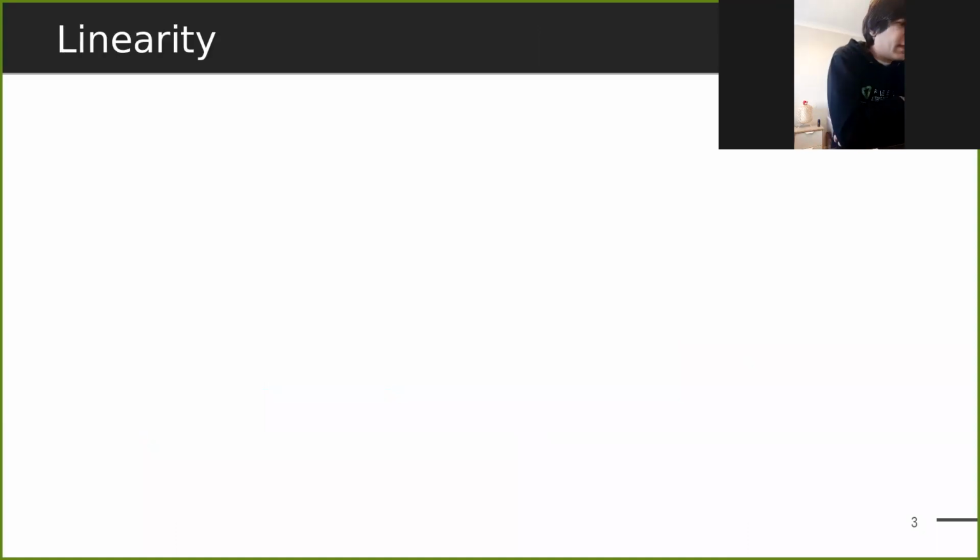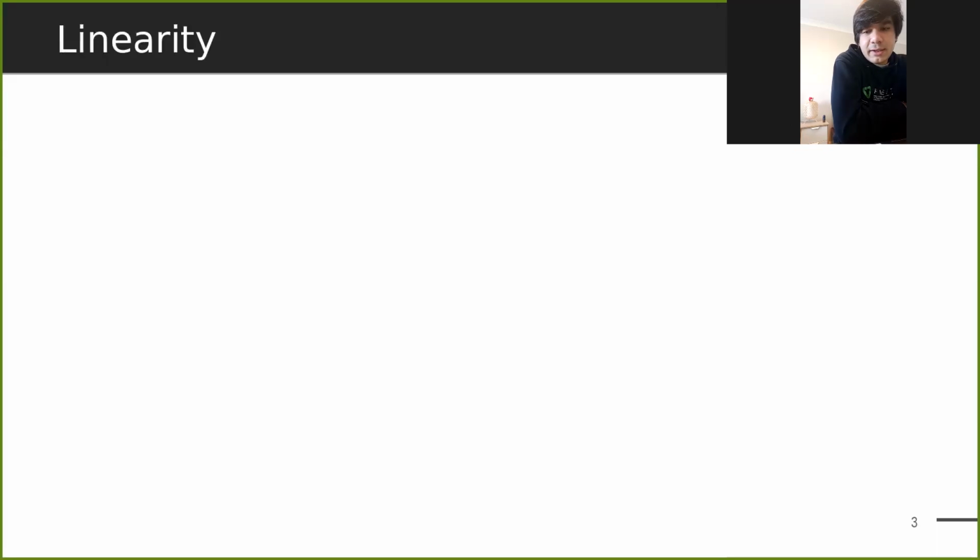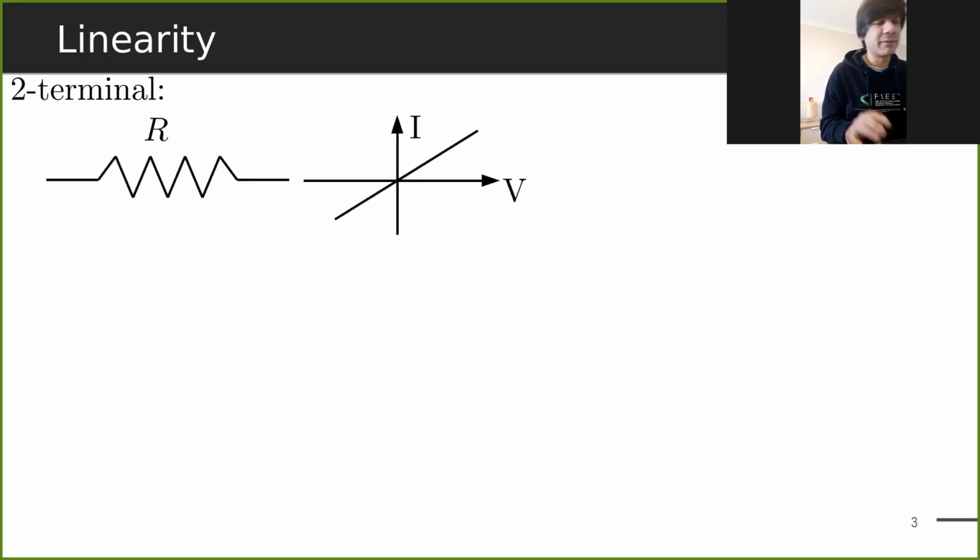Because the talk is called nonlinear quantum electrodynamics, I'd like to start with linearity and see why it breaks down and why we need nonlinearity to begin with. It's easy to explain linearity by specific examples. When you study circuits, you are introduced to some two-terminal devices. A resistor establishes a linear relationship between the voltage applied on the device and the current passing through it.